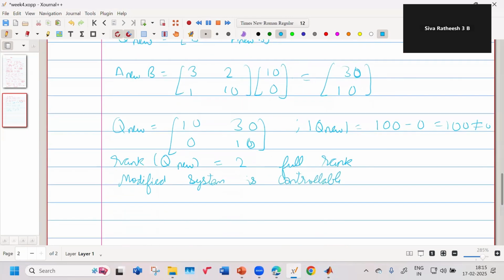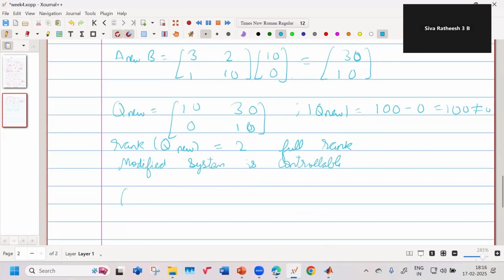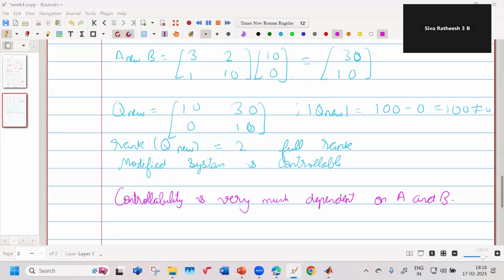So from this, what we understand is that controllability is very much dependent on A and B. If my A and B matrices change, a system which was earlier controllable could become uncontrollable, and a system which was earlier uncontrollable could become controllable.